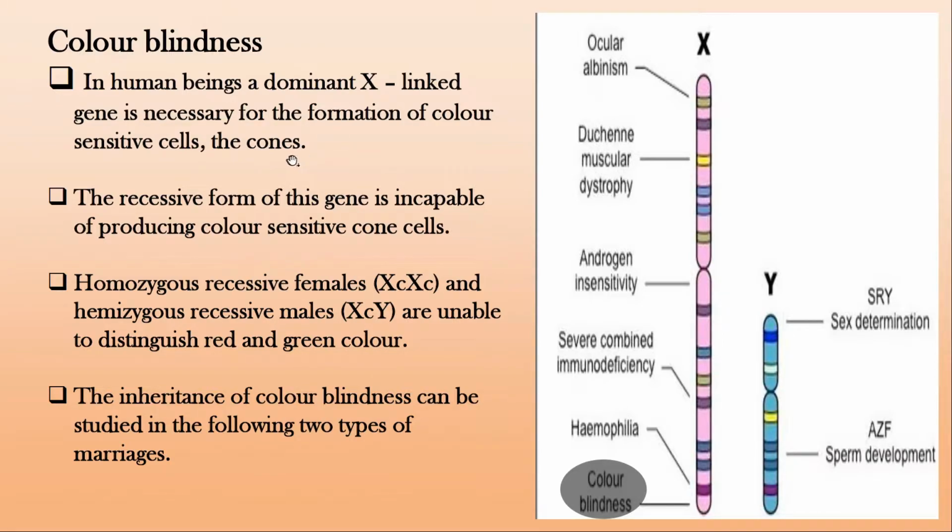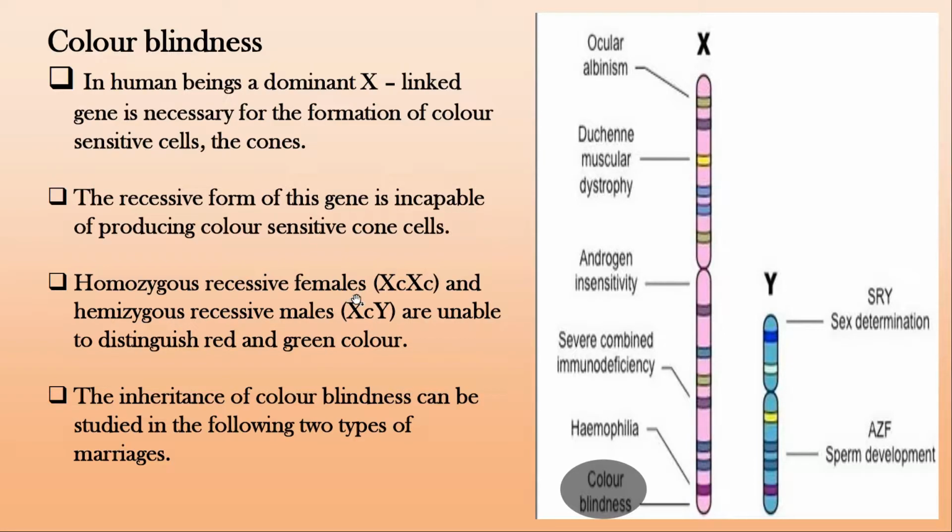The cones are formed because of the gene present on the X chromosome, the X-linked gene. The recessive form of this gene is incapable of producing the color-sensitive cone cells. If the color-sensitive cone cells are not produced, then the person becomes color blind.